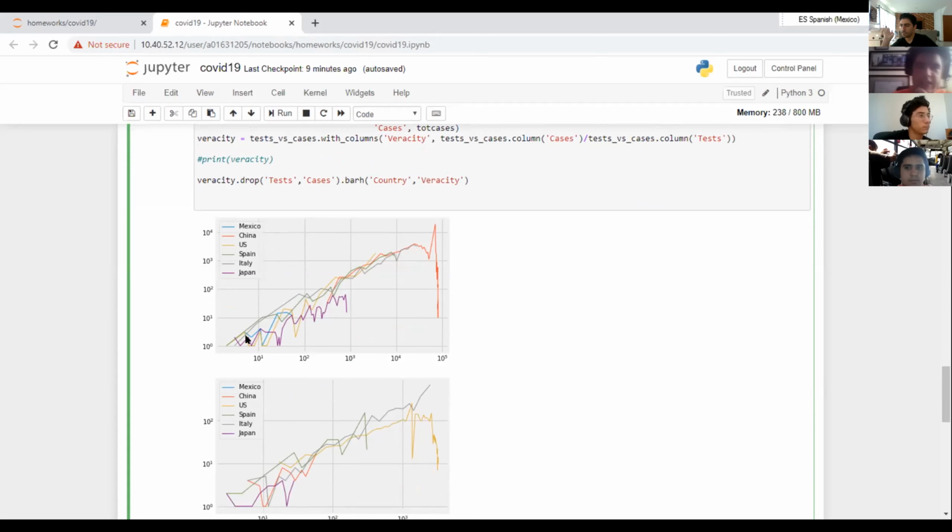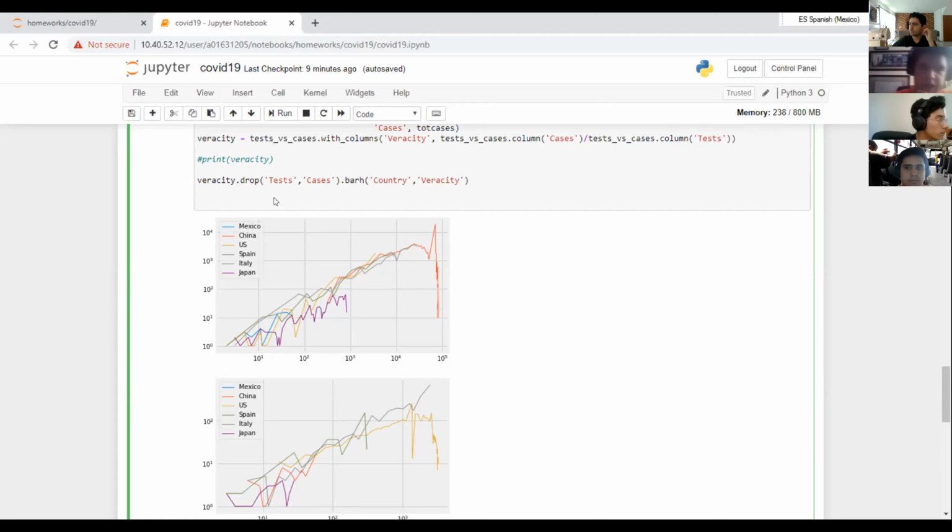That way we can see when cases stop appearing and when the illness stops progressing. For example, the biggest drop you see here is China. As we can see, China has already gotten over the illness. And other countries here are USA, Spain, Italy, Japan, even Mexico.